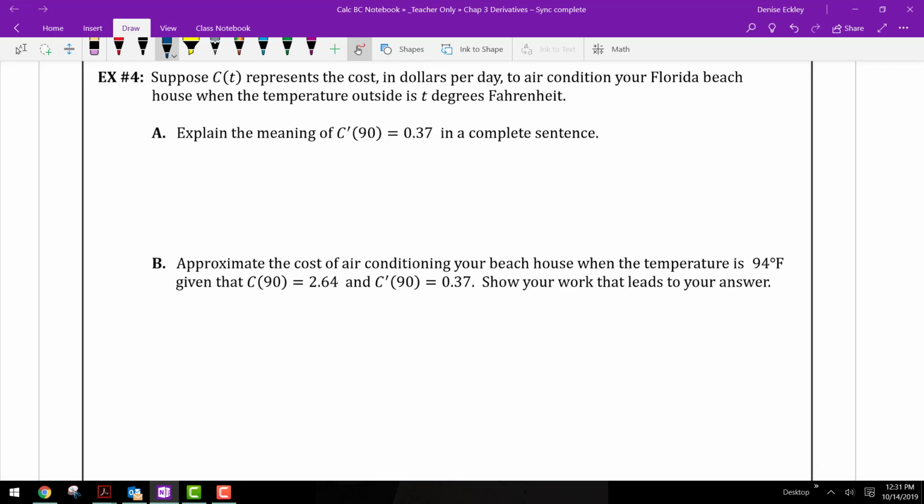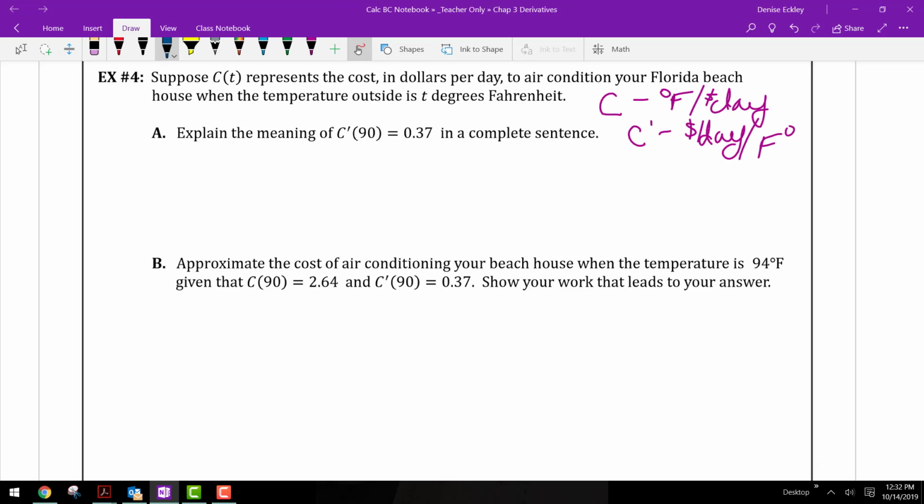So before I do that, I just want to write over here that our C function is dollars per day per degrees Fahrenheit, and our C prime is dollars per day per degree. Okay?